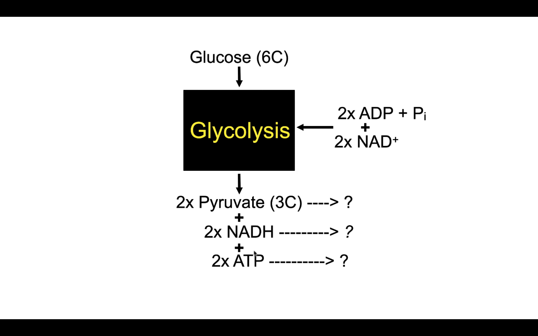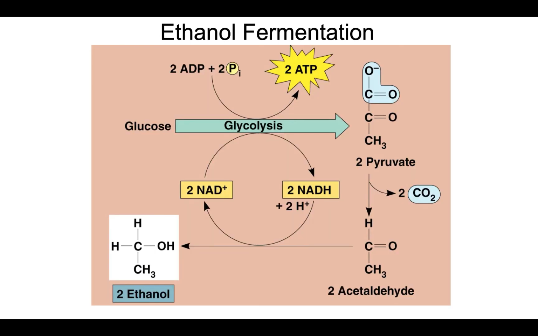That means even though we're not getting any ATP from the citric acid cycle and the electron transport chain, we're getting 2 ATP every time we break glucose down into 2 pyruvate. That NADH gets reoxidized by pyruvate, and we can continue this cycle over and over again, thereby making 2 ATP each time. So ethanol fermentation is one of these ways that we recycle NAD plus using pyruvate.